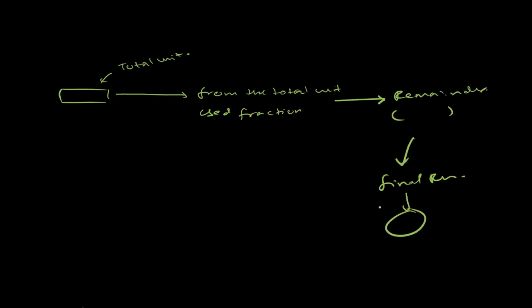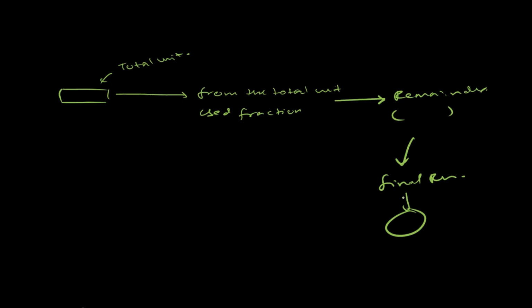I can't give you an exact thing for the remaining parts because it differs from question to question, so this is the basic thing. They will introduce the total unit, give you a fraction used from it, then tell you to calculate the remainder. From the remainder, they will use some fraction, and then give the final remainder.